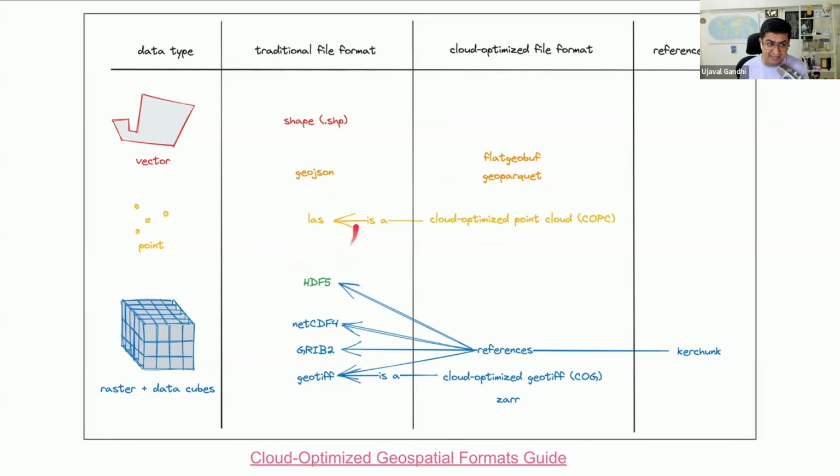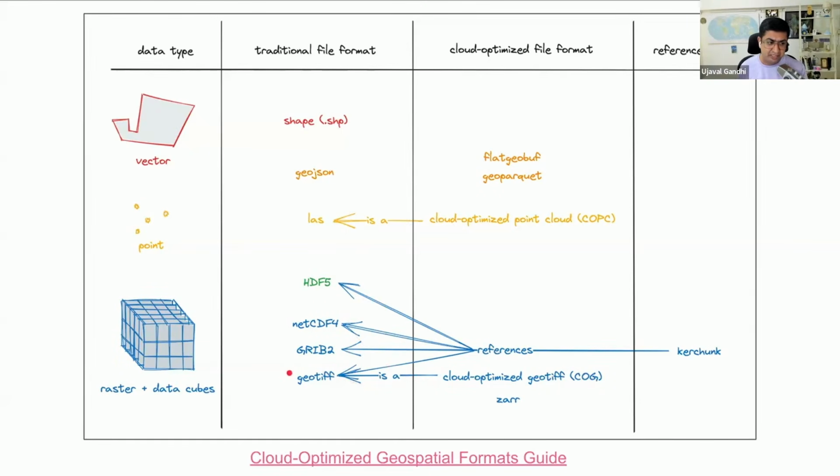If you're working with LiDAR data in LAS or LAZ files, there is the COPC format, which is the cloud-optimized version of that. On the raster and gridded data side, if you have worked with NetCDF or HDF files, typically used in atmospheric and climate datasets, Zarr is an equivalent cloud-optimized data format for that.